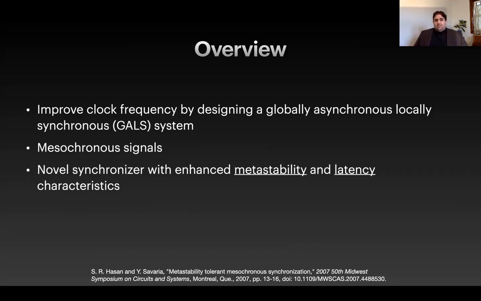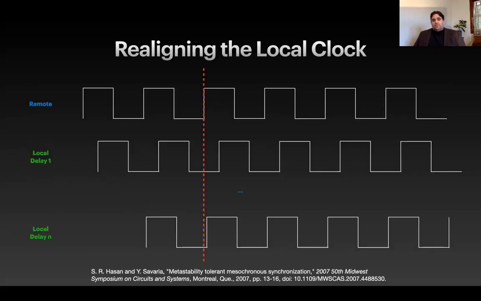These systems don't necessarily have the same phase. They have the same frequency, not the same phase. So they're mesosynchronous. And these authors are going to show us a synchronizer that is able to handle both metastability and latency characteristics.